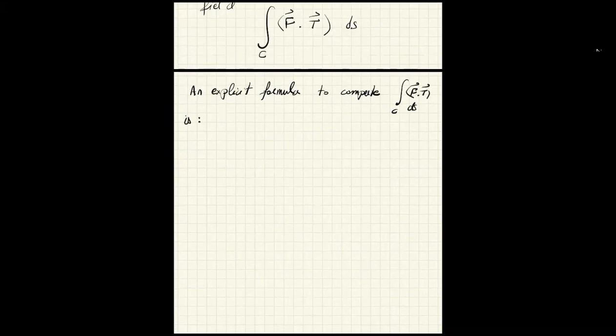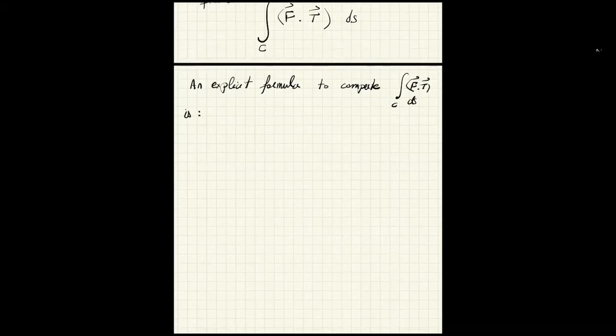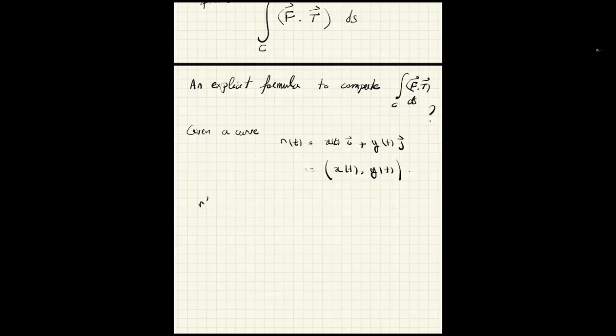So if I give you a curve R(t) given by (x(t), y(t)), be careful: sometimes I am using the convention of (x(t), y(t)), and sometimes I'm using i, j. So what is the tangent vector?